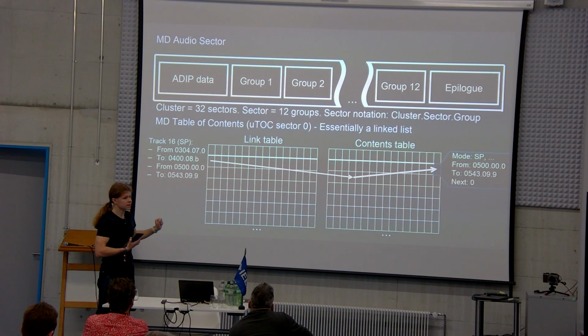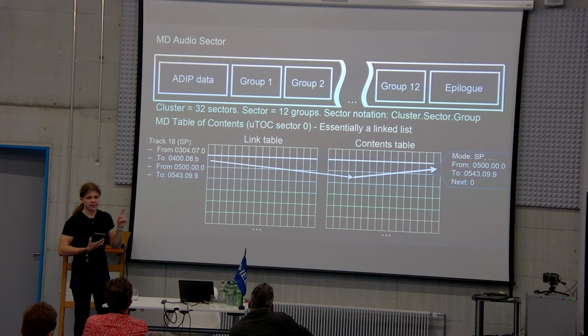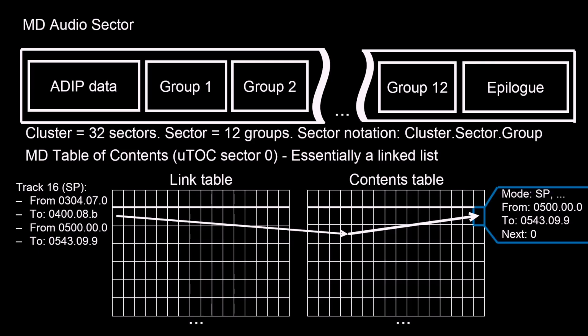The first table is the link table. It maps the track number to the first fragment of that track. And a fragment is a bit of contiguous audio that spans a sequence of sectors on the actual disc. So here you can see I've given an example of, for example, track 16.